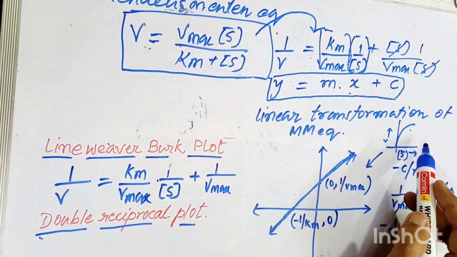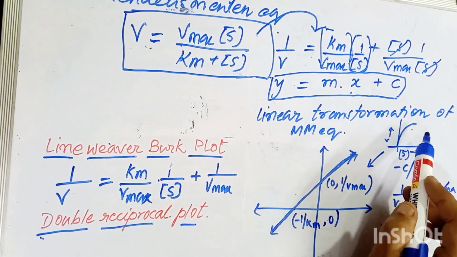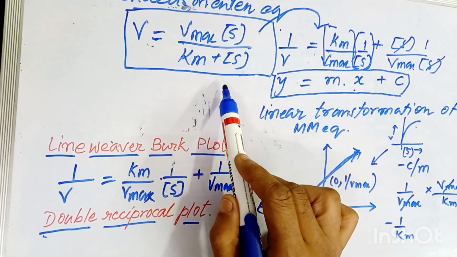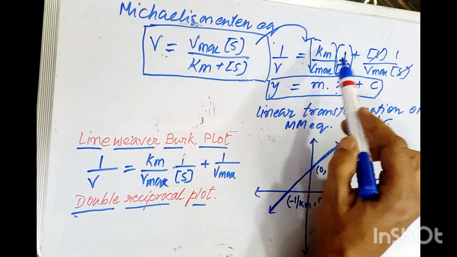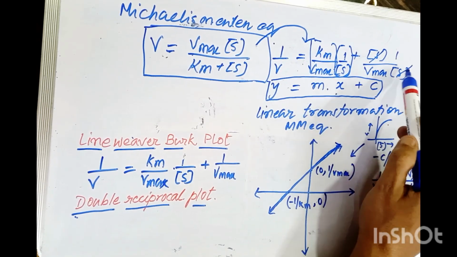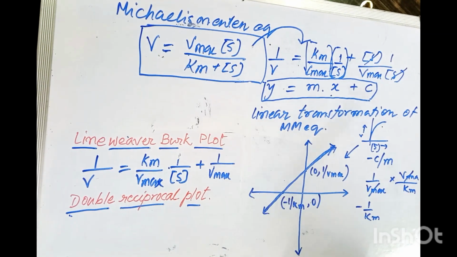So we have transformed the rectangular hyperbola to a linear form. The linear form of the Michaelis Menten equation is 1 by V equal to Km by Vmax into 1 by S plus 1 by Vmax.